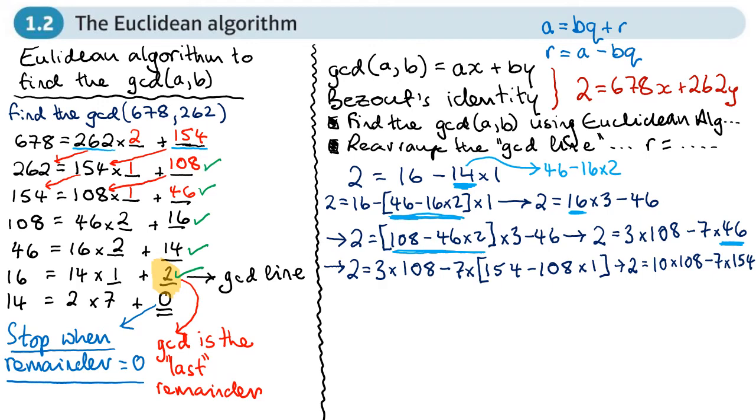So the 108 that's here will get substituted. And if we do that, that will give us 2 equals 10 times by what we substitute for 108, which is going to be 262 minus 154 times 1 minus 7 times 154.